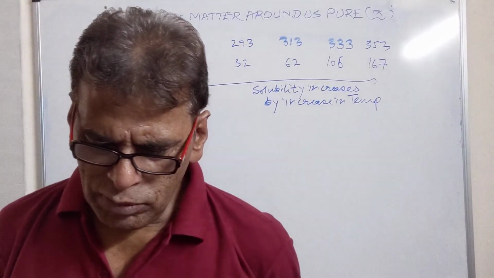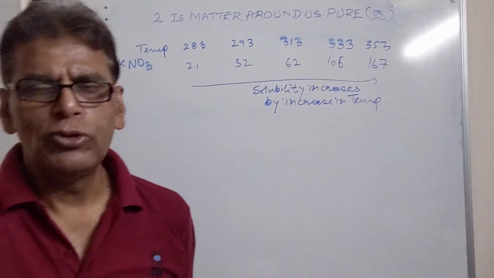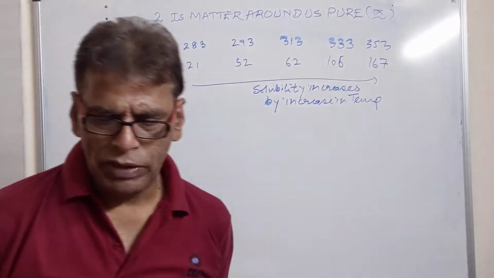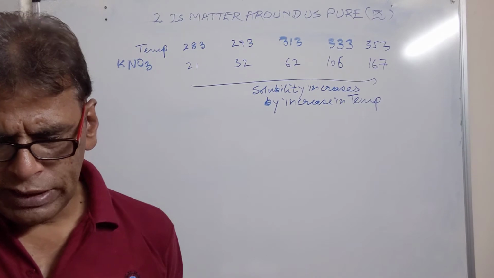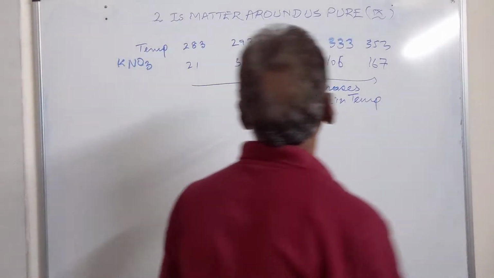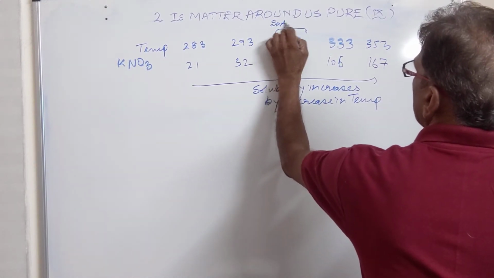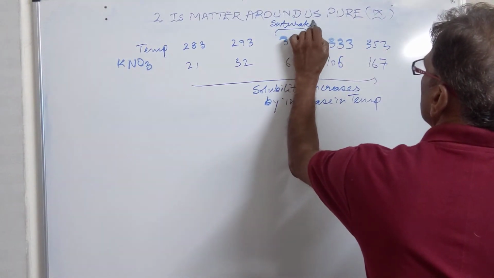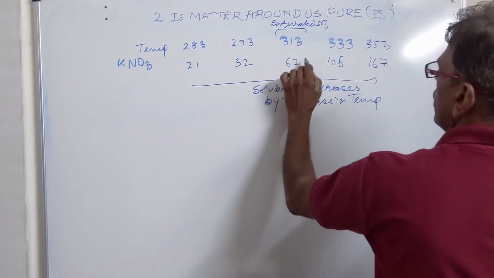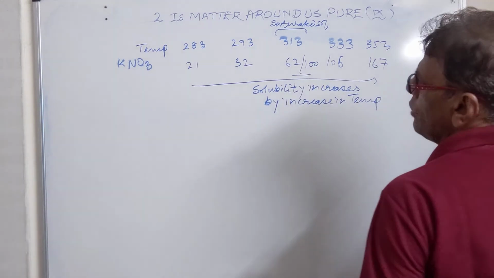Then he says, what mass of potassium nitrate would be needed to produce a saturated solution in 50 gram of water? Saturated solution of KNO3 is formed at 313 Kelvin. This will give the saturated state. So 62 gram is dissolved in 100 gram of water. This is saturation.